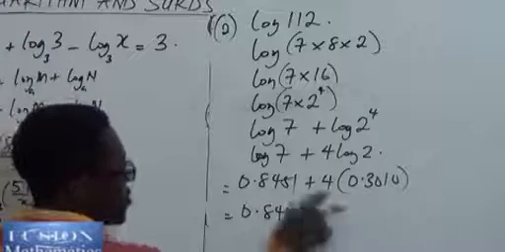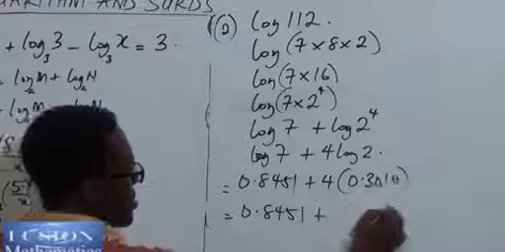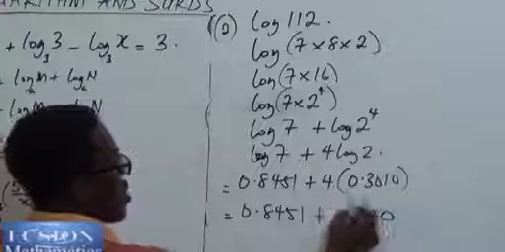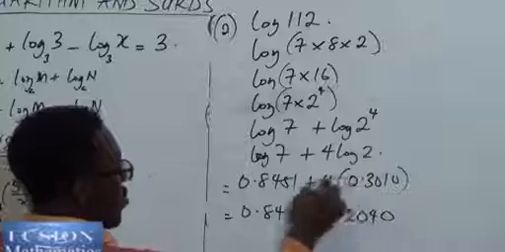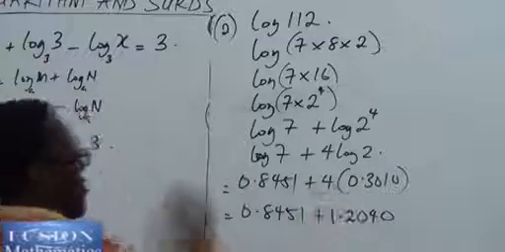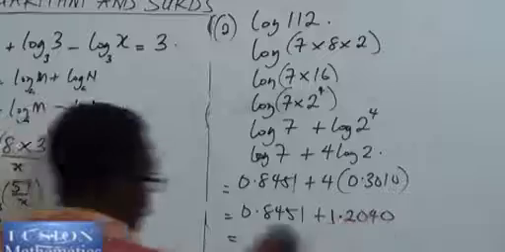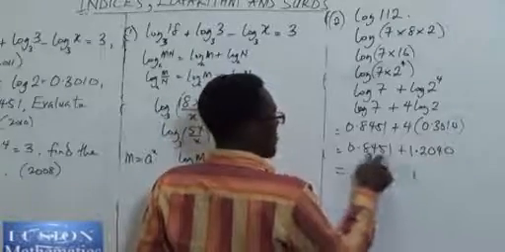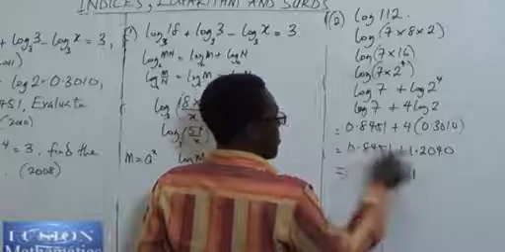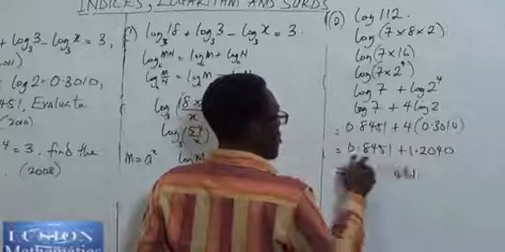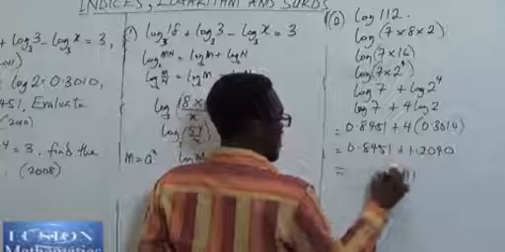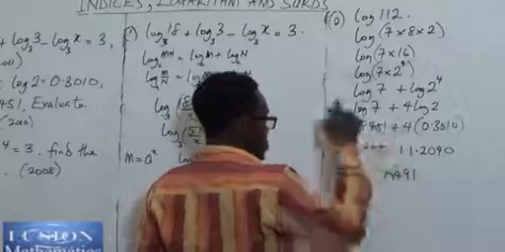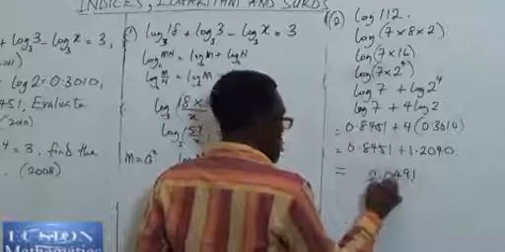So this will give us 0.8451 plus, we multiply this, 4 times 0 is 0, 4 times 1, 4, 0, 12, 2 carry 1, 0 plus 1, we have that. Then we add the two numbers. So this will be equal to 1 plus 0 is 1, 5 plus 4, 9, plus 0, 4, 8 plus 2, 10, carry 1, 0 plus 1, 1, plus the 1, that will be 2 point.